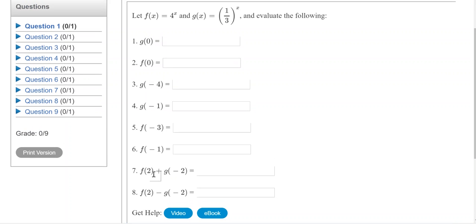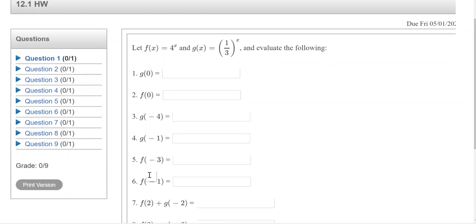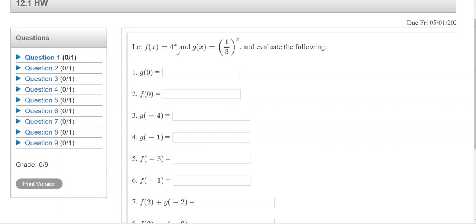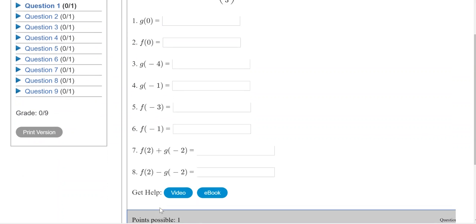So in other words, you're putting a 2 in for the x on the f rule first. Go find what 4 to the power of 2 is. You're then putting a -2 in for the x on the g rule. You're going to find out what 1/3 to the -2 power is, and then you add those two answers together.